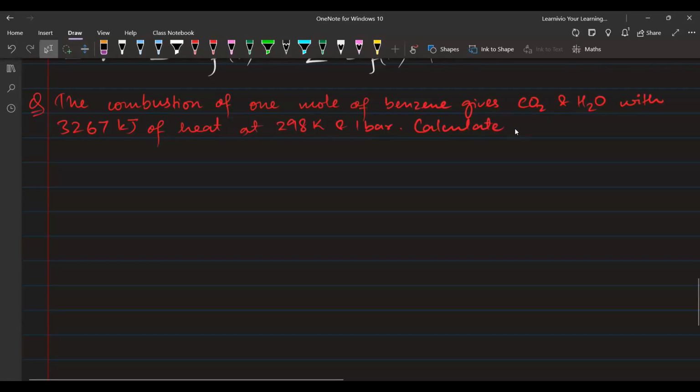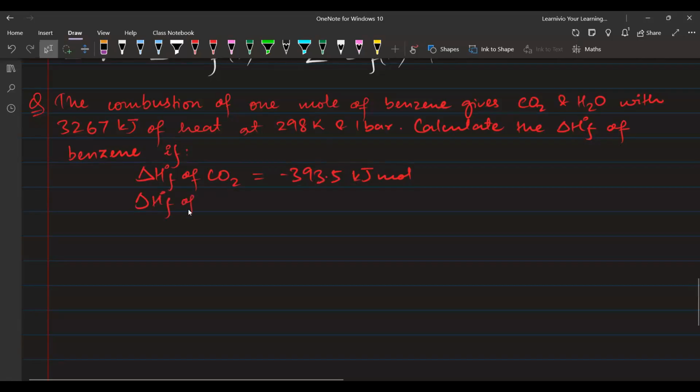Calculate the delta H naught F, enthalpy of formation of benzene, if enthalpy of formation of CO2 is given as minus 393.5 kilojoule per mole. Enthalpy of formation of water is given as minus 286 kilojoule per mole.